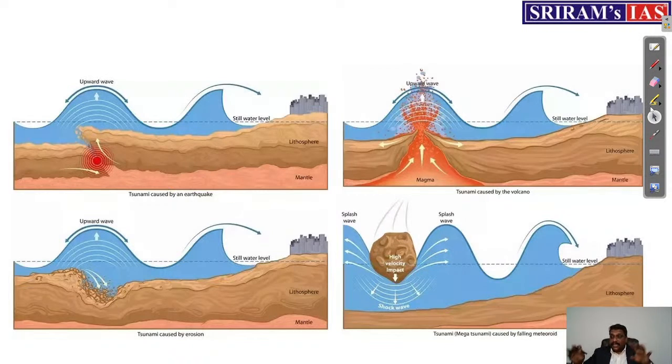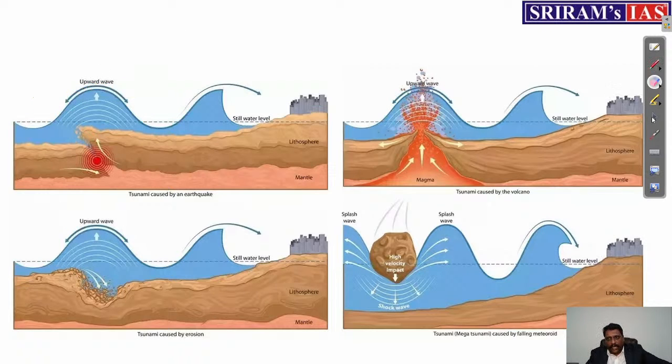So a tsunami is created when a mount of water is created somewhere in the middle of the ocean. Once it is created, this water starts moving in all directions with great velocity, and eventually results in a tsunami. So the prerequisite is a mount of water.